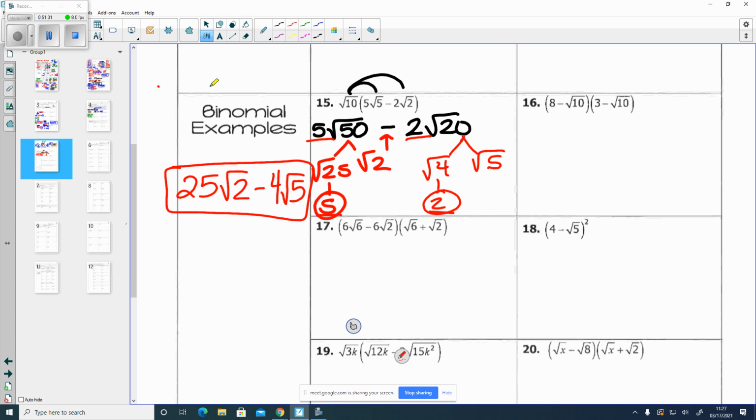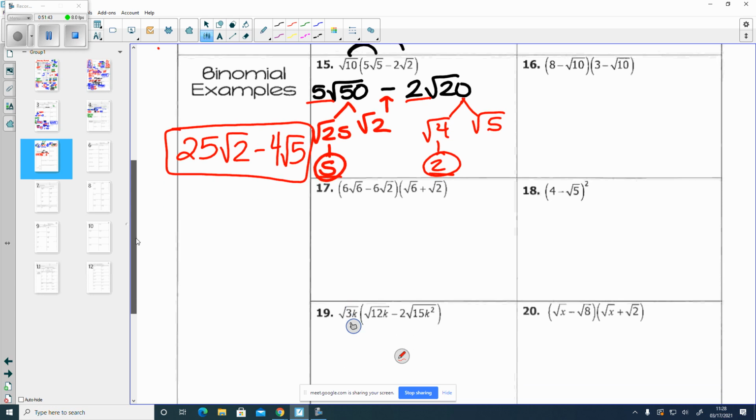So that was a good example. All right, last one that I'm going to do. Okay. So let's do 18.